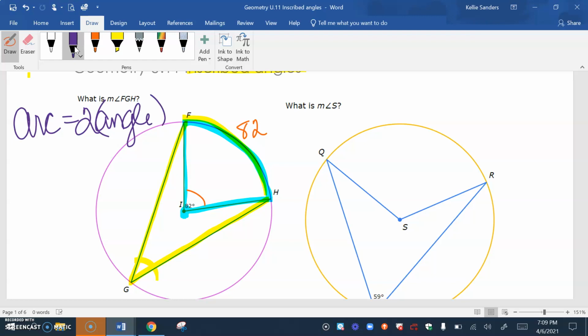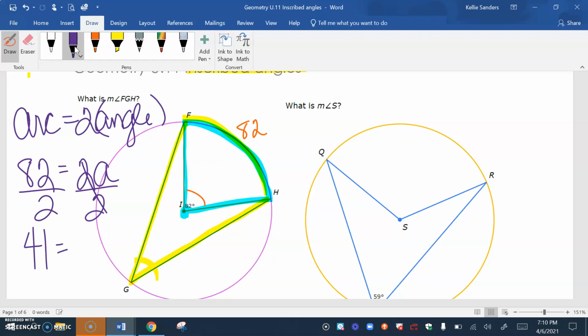Right? So because we have the arc and we are looking for the angle, we're going to divide that arc by 2, and the angle is 41.